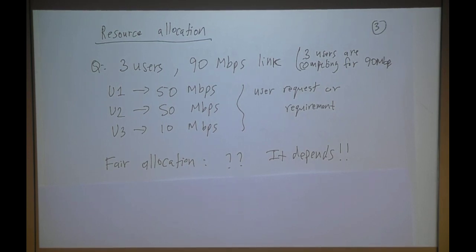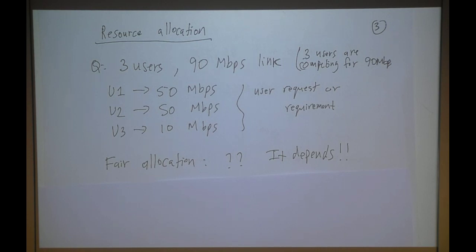Okay, so Aryam thinks that what's fair is to give everybody 30, 30, 30. I think that's a fair thing to say. So that's one thing. Anyone else want to either enthusiastically agree with Aryam or come up with another notion of fair allocation?